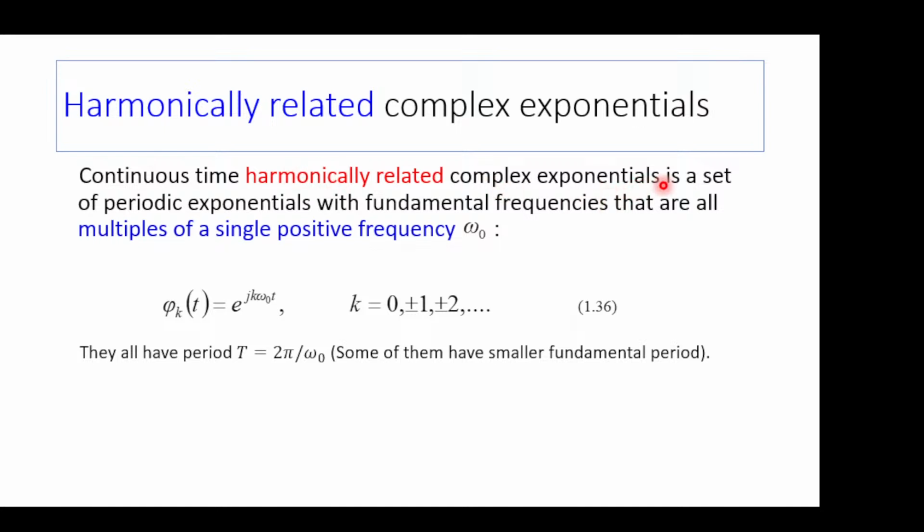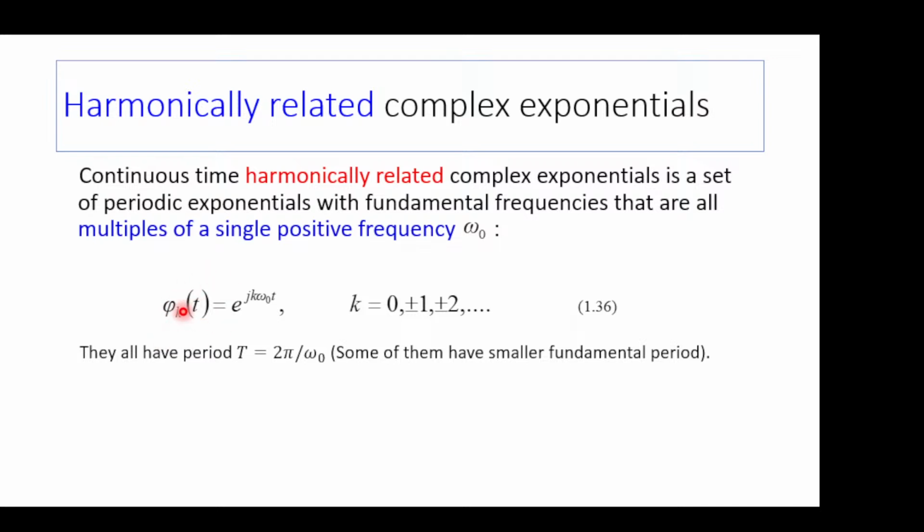So harmonically related complex exponentials are a whole bunch of complex exponentials with a very special choice of omega naught. They share some special omega naught, and the frequencies of those harmonically related complex exponentials are integer multiples of this omega naught.